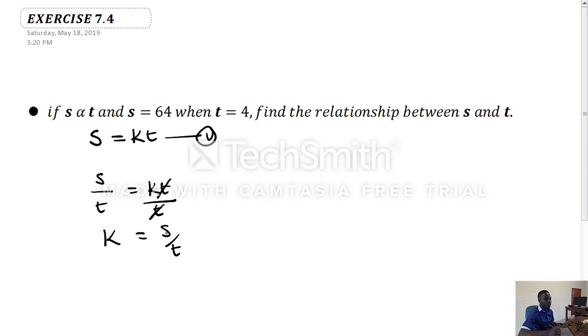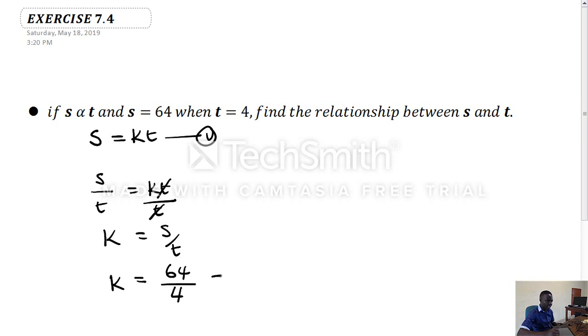But we are told that x is equal to 64 when t is 4. So we are going to substitute the values of 64 and 4 for x and t in this relationship. So k is 64 divided by 4.